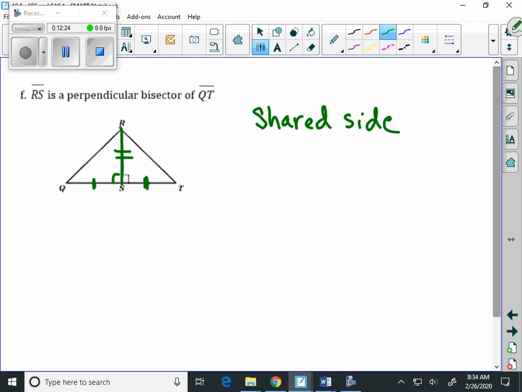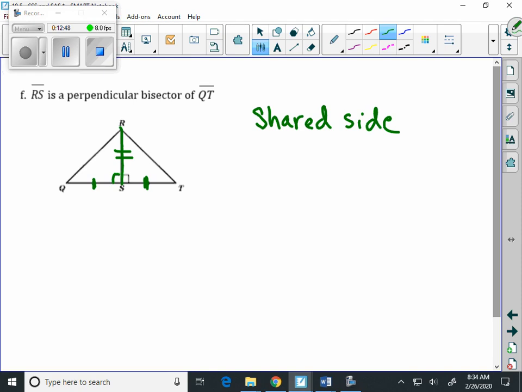Do we have side, angle, side? Do we have neither? But we've got the shared side, we've got the right angle, which is an included angle, and we've got QS, which has one tick mark. Or we've got the shared side, the right angle, and we have ST, with one tick mark.